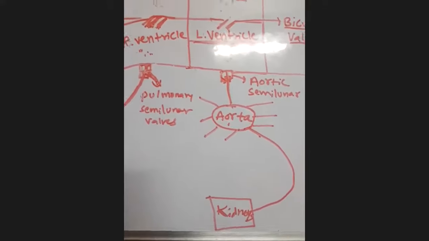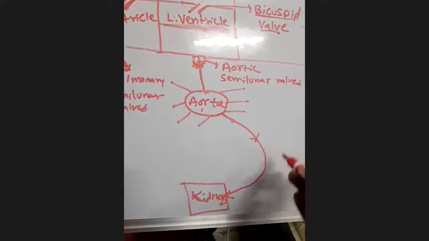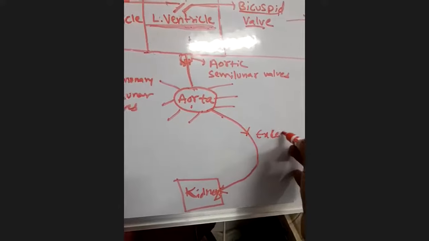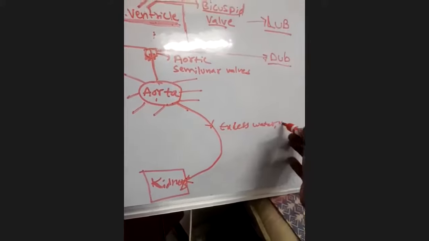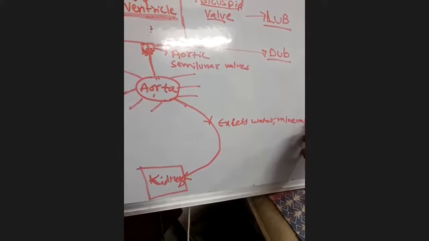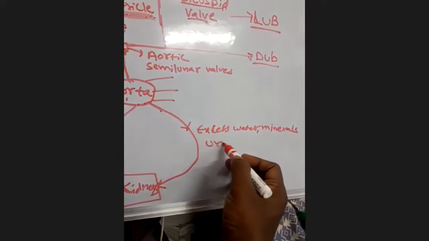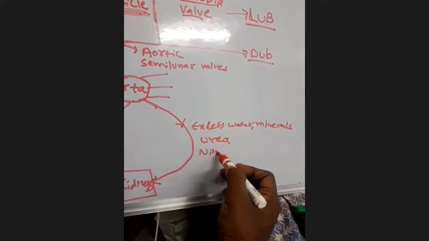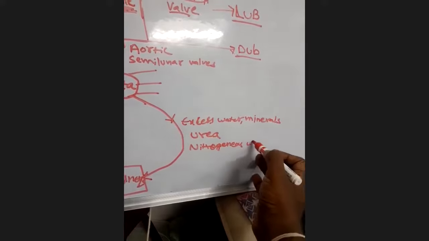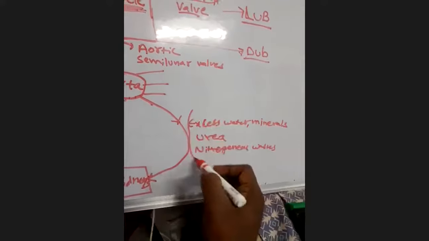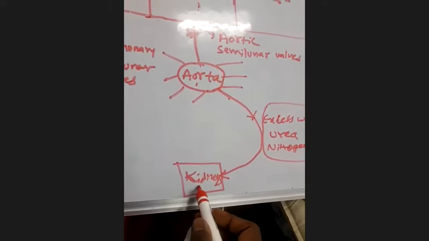When the blood moves to this place, whatever excess water is there, whatever excess minerals are there, or whatever urea or nitrogenous wastes are there, all of these will be excreted in the kidney, which is the excretory system in our body, right?